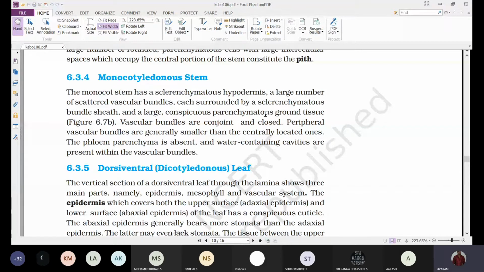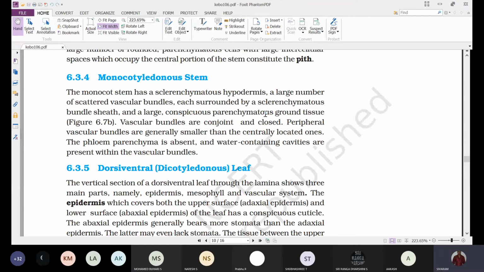Next, the phloem parenchyma is absent. Usually in the younger parts, the phloem parenchyma is absent, and water-containing cavities are present within the vascular bundles. These are called lysigenous cavities.